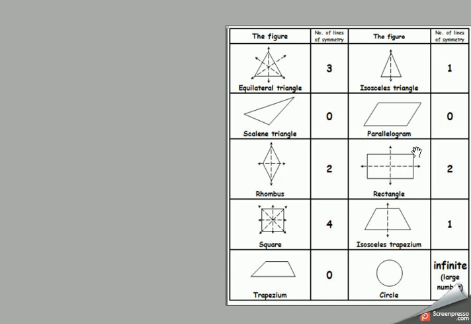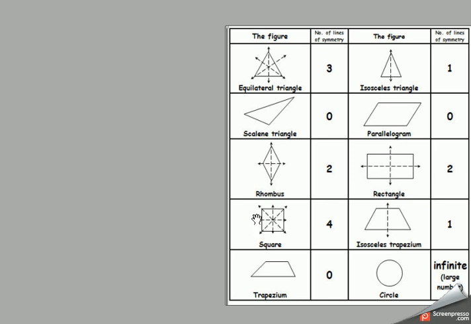Rectangle: I can't draw a line of symmetry on the diagonal, but I can draw 2 lines of symmetry, horizontal and vertical. So rhombus and rectangle have only 2 lines of symmetry.